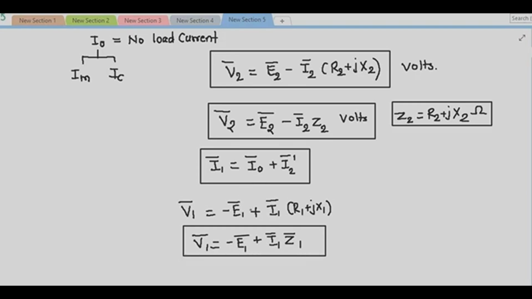Why minus E1? Because according to Lenz's law, that EMF is in such a direction that it will oppose the cause of producing it. What is the cause? The cause is the voltage applied across the primary winding. So this primary EMF, also called the self-induced EMF in the primary winding, will oppose the applied voltage, hence that EMF is taken as negative. But on the phasor diagram, how to take that EMF negative, that I will tell you in the next lecture.